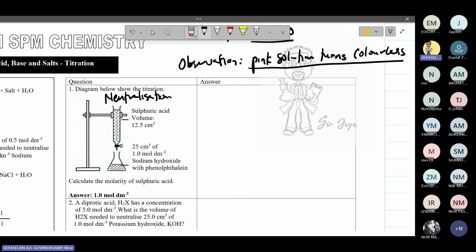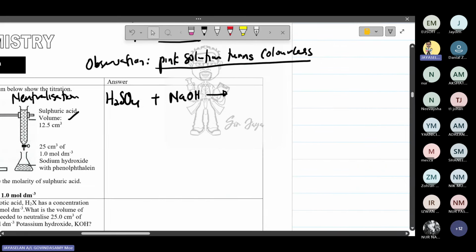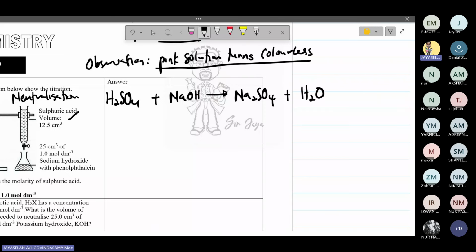Okay, and you must write the titration formula. Before you do the titration formula, make sure the equation is correct. Sulfuric acid reacts with sodium hydroxide. What product will you get? Sodium sulfate. Whoever has not practiced equations, please practice. There is still time. Here is sodium 2.